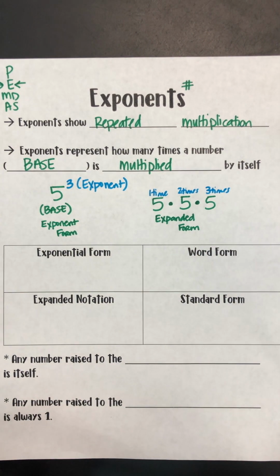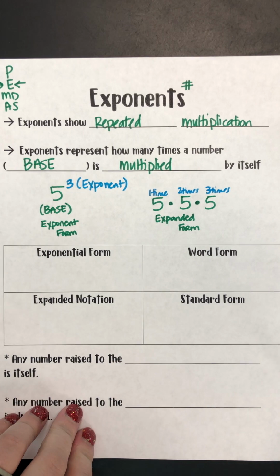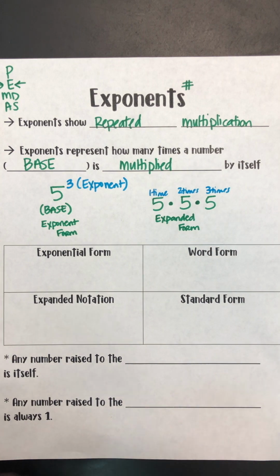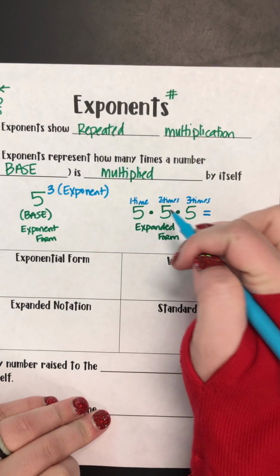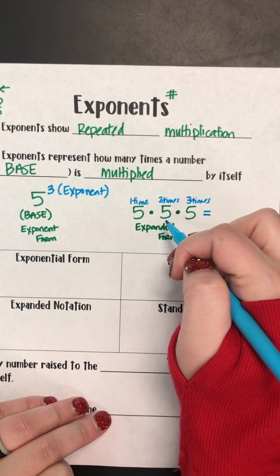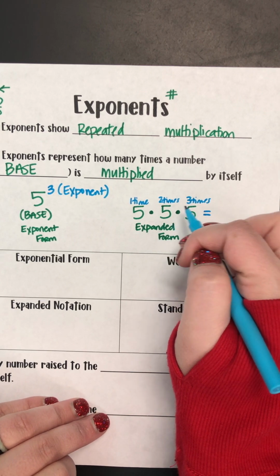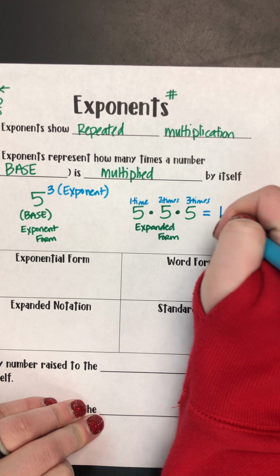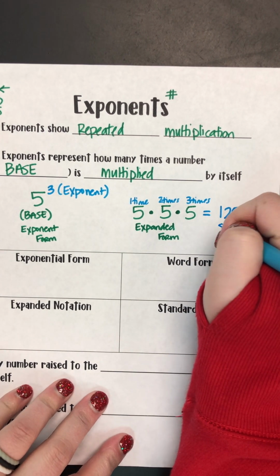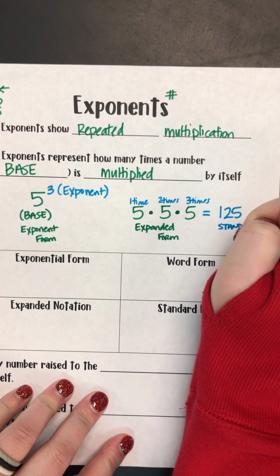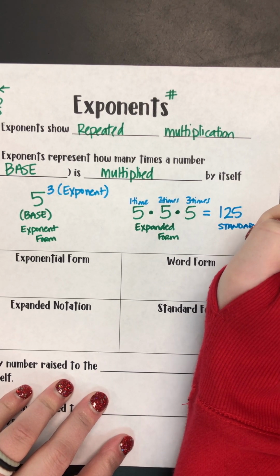And then if we actually solve it, where we actually multiply it out, 5 times 5 is 25, and 25 times 5 is 125. And this is called standard form, which is just the answer.